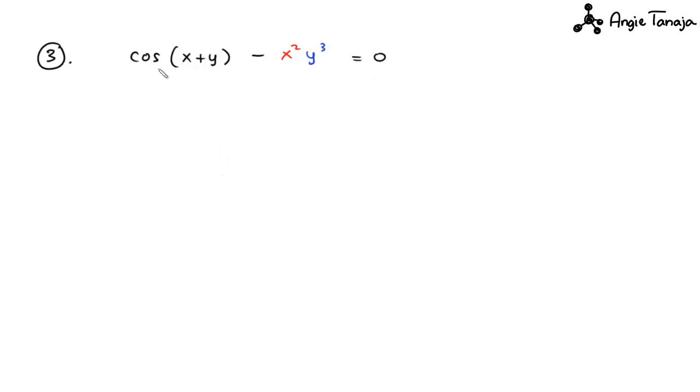Okay, so we do the derivative for all, both sides. The derivative of cos this, it will be negative sine x plus y, right? Negative sine this, so you have to times it with the derivative of x plus y. So the derivative of x plus y is 1 plus y prime.